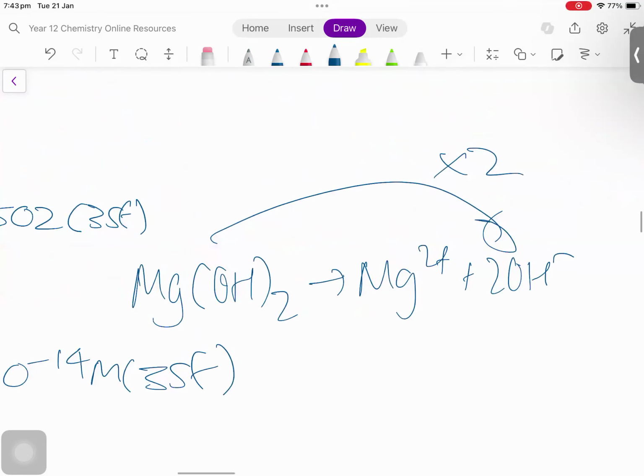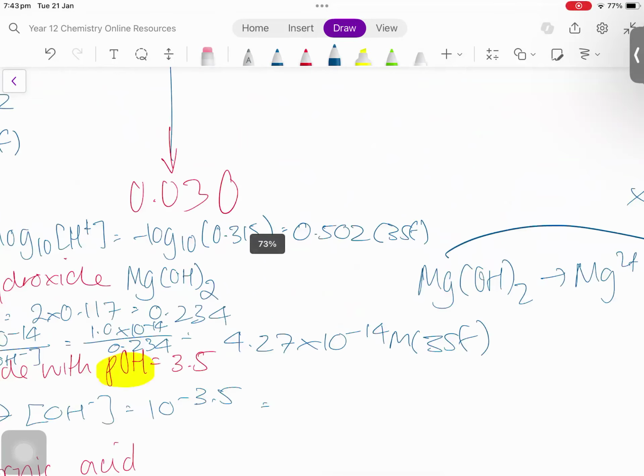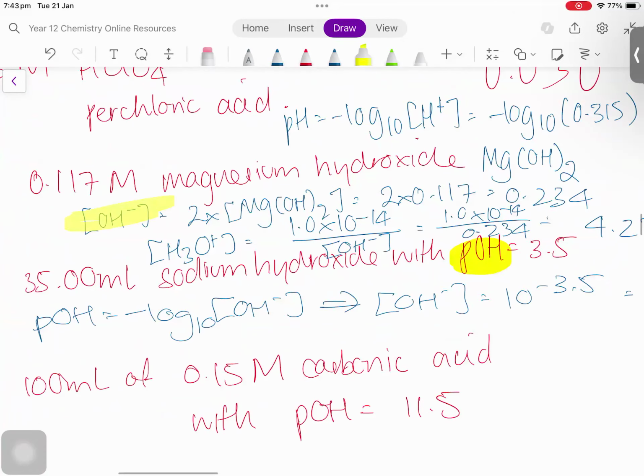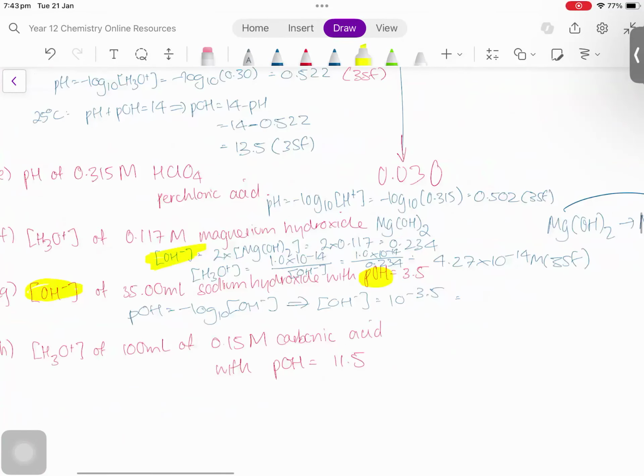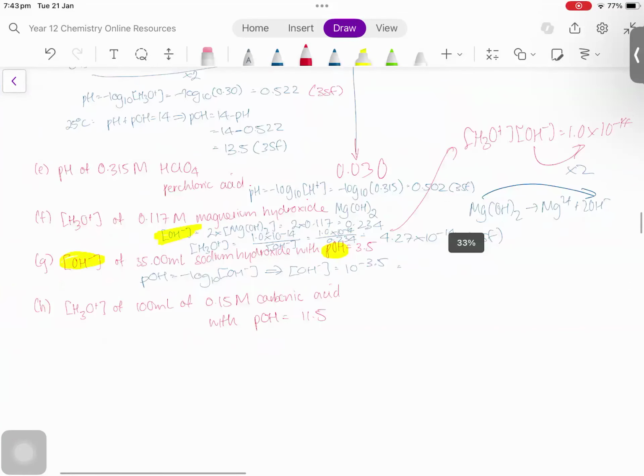This is your equation for magnesium hydroxide. I'm looking for the hydroxide concentration, so I times by 2. And then once I have the hydroxide concentration, my equation to get to H3O plus is the one we figured out earlier. So then all you had to do is divide this one over to get the H3O plus.